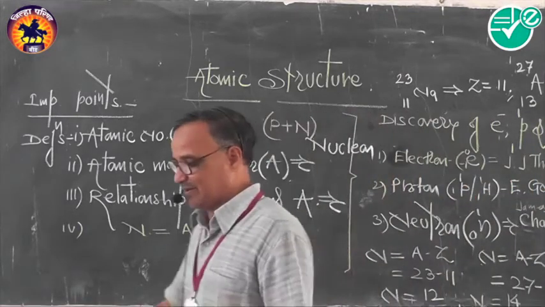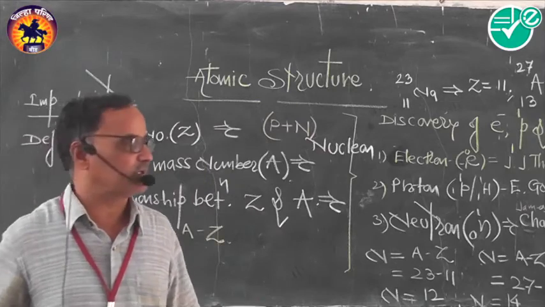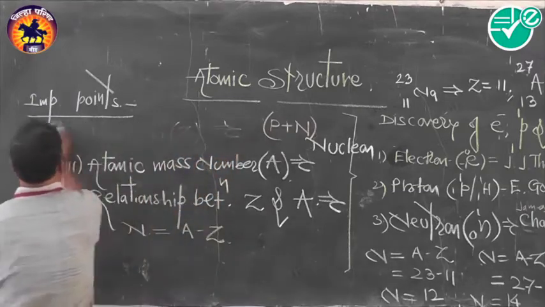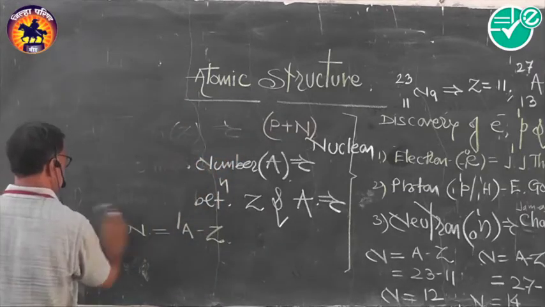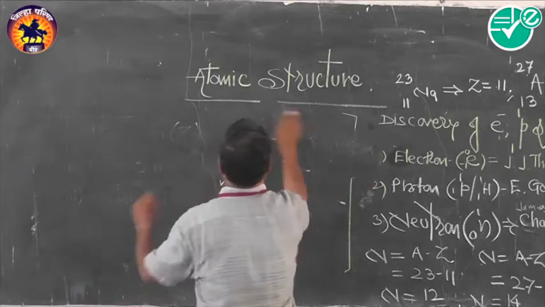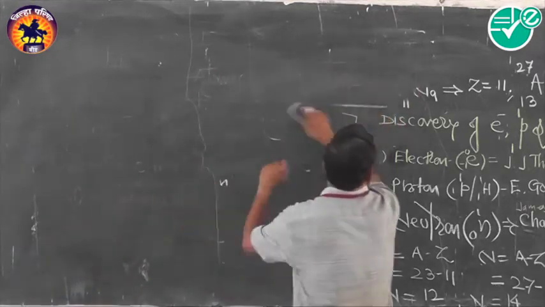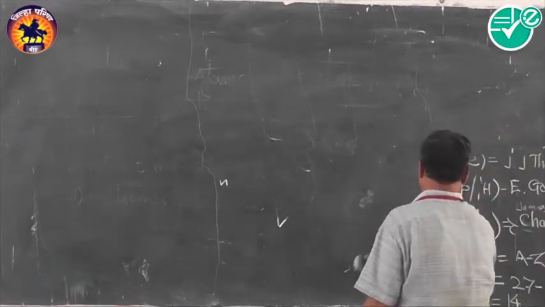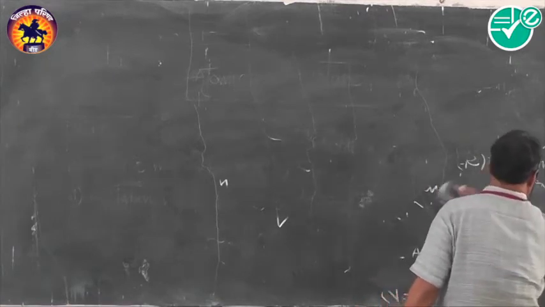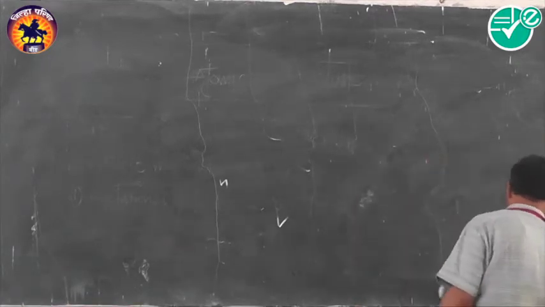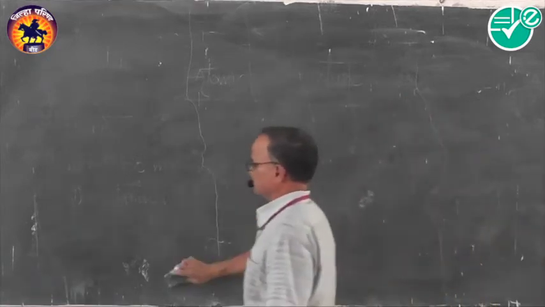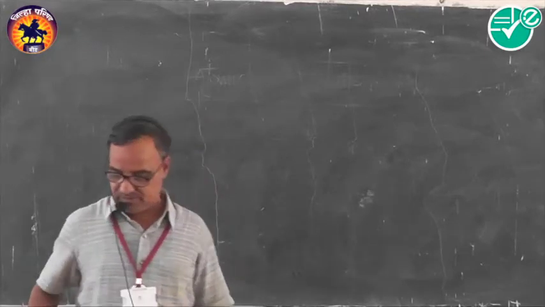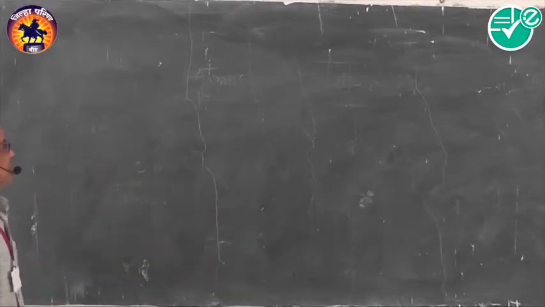This is the introductory important part regarding this topic, atomic structure. The second important article about this topic is the discovery and the characteristics of protons, neutrons, and electrons. So we have to explain the characteristics of electrons, protons, and neutrons.